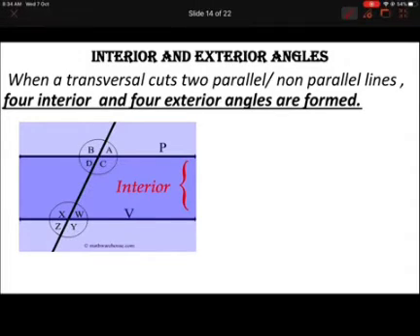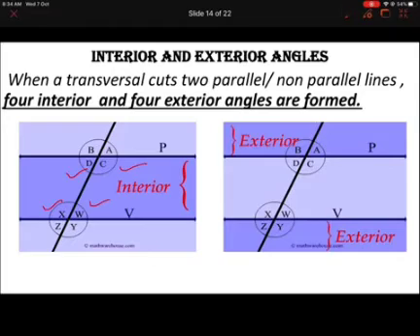So, D, C, X, Y are interior angles. Please children listen carefully, and we'll see what the exterior angles are. A, B, Z, Y are exterior angles. Please bear in mind, these angles, that is D, C, X, Y, are lying within the parallel lines or non-parallel lines.